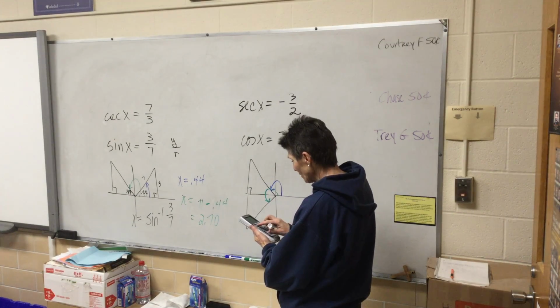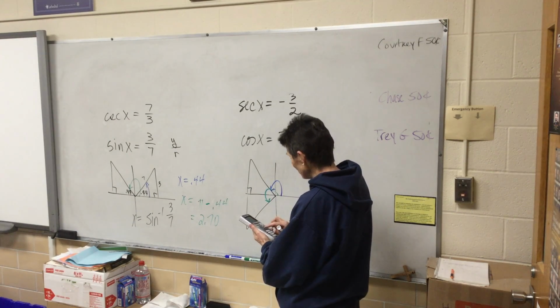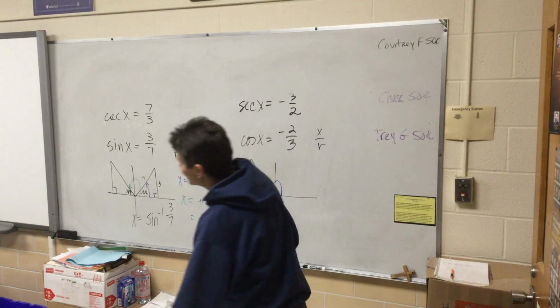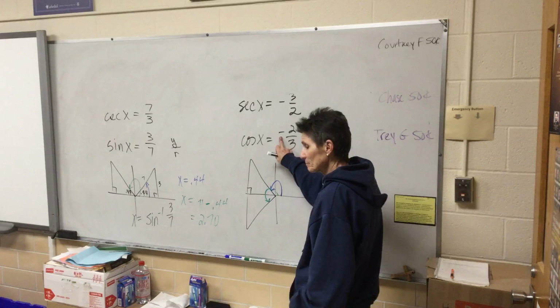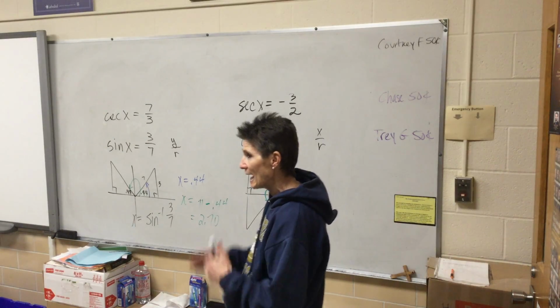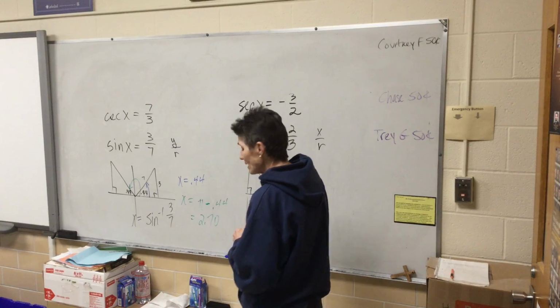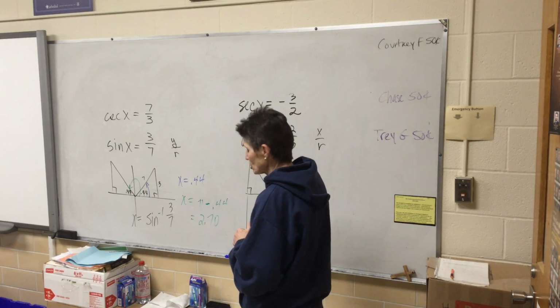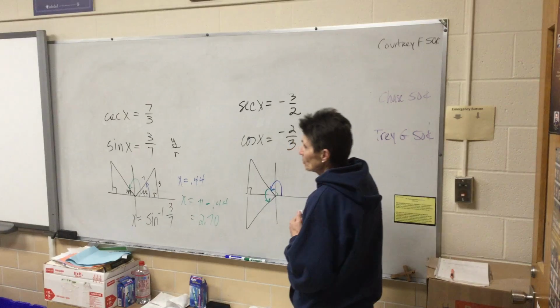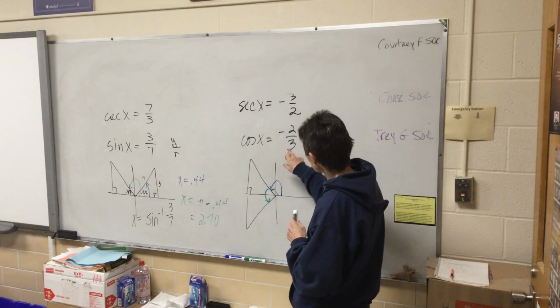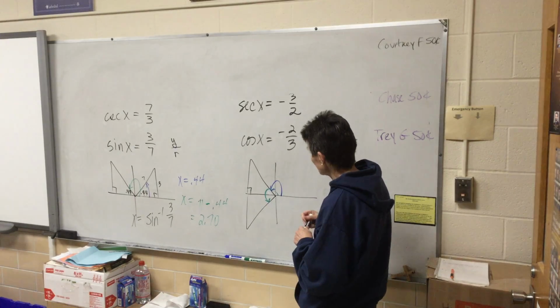So I'm going to go to my calculator and I'm going to type second cosine 2 divided by 3. Kids, please don't put the negative in. You've already accounted for the negative by drawing it in this quadrant. You want the reference angle. It needs to be an acute angle, so you need to put that in as a positive.